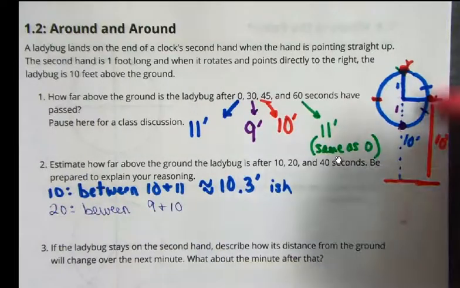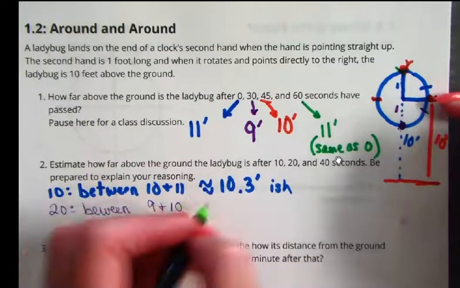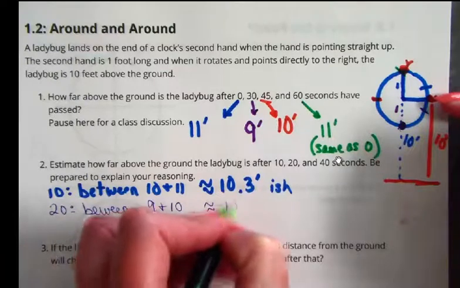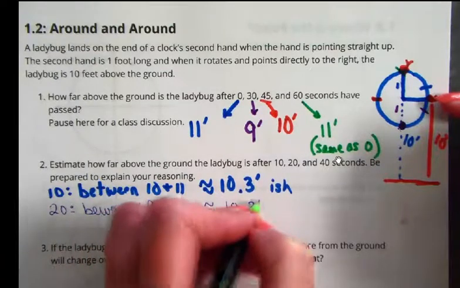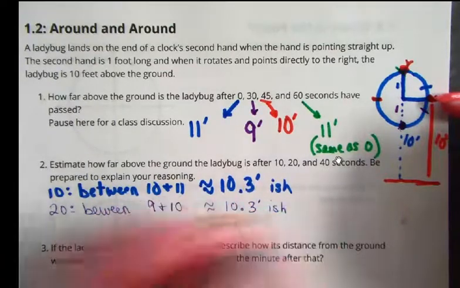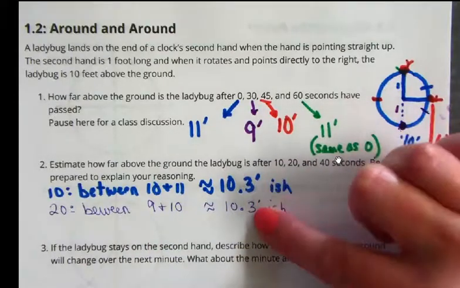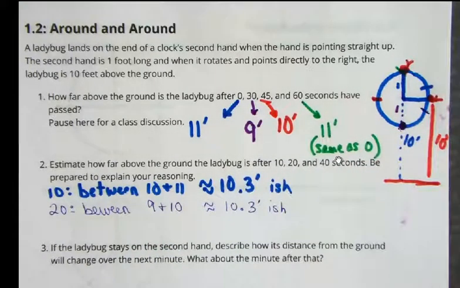And it's a little bit closer to the 10 feet off the ground. So I would actually say it's probably right about at 10.3-ish feet. That single tick mark, by the way, is the shorthand for feet that we have there. So it'd be about maybe 10 1/3 feet, right?